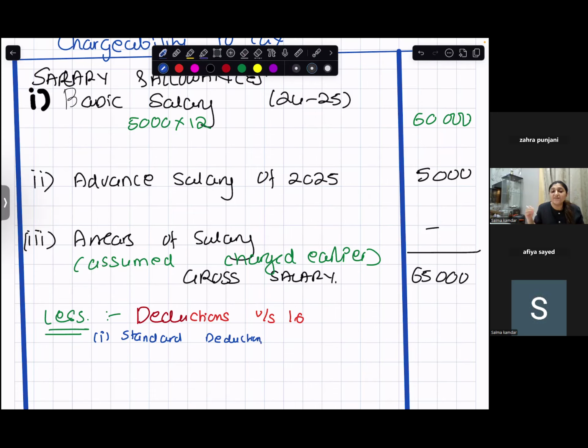It is basically a flat amount that is given as a deduction to everyone from the salary income, so that the salaried person gets some relief, that I actually do not have to pay tax on the full income earned. The government is giving me some standard deduction. The standard deduction up till last year was 50,000.